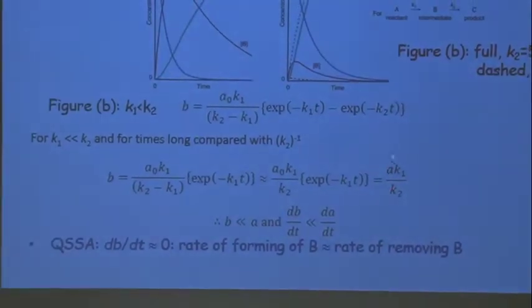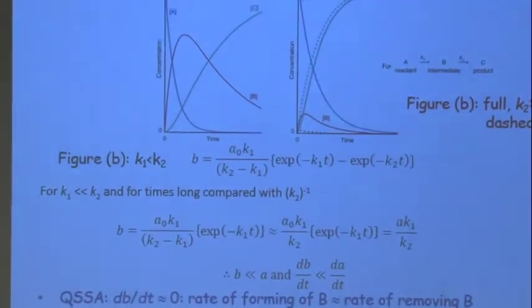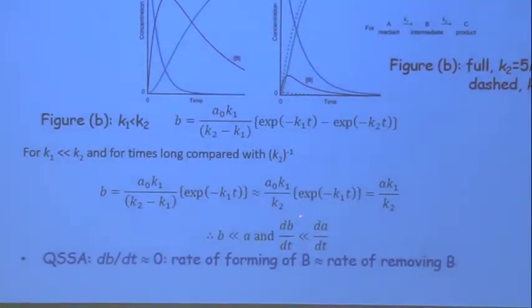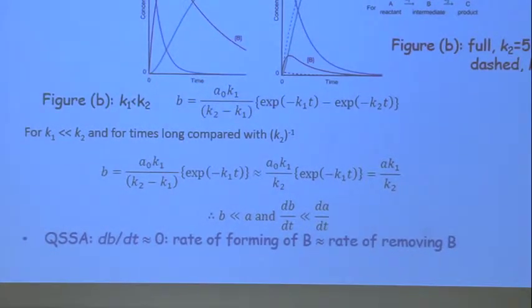So what we've got then is that B mirrors A, it's decaying with A, but its concentration is very much smaller. So this is a situation with K2 equal to 50 times K1, and there's a situation with it being equal to 5 K1. And you can see that B now doesn't build up much at all. Its concentration is always small, always very, very much less than that of A. So B is very much less than A, but importantly, dB by dt is also very, very much less than dA by dt.